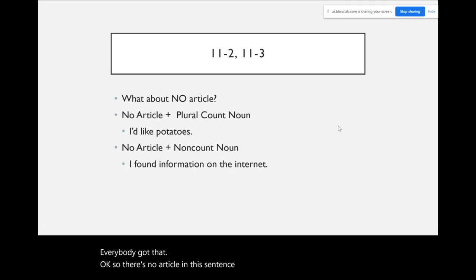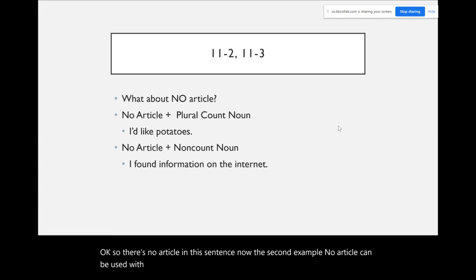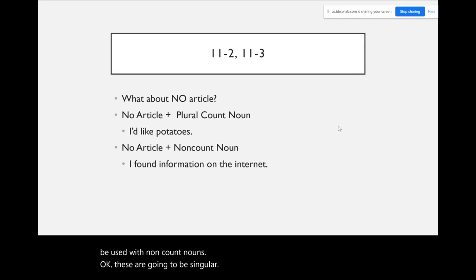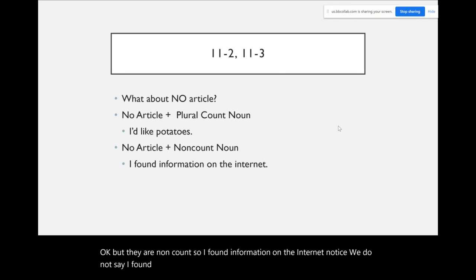Now, the second example, no article can be used with non-count nouns. These are going to be singular, but they're non-count. So I found information on the internet. Notice we do not say I found a or an information because it's a non-count noun.